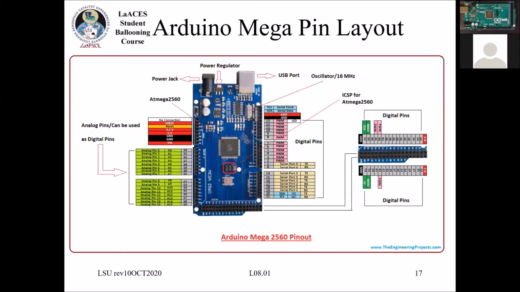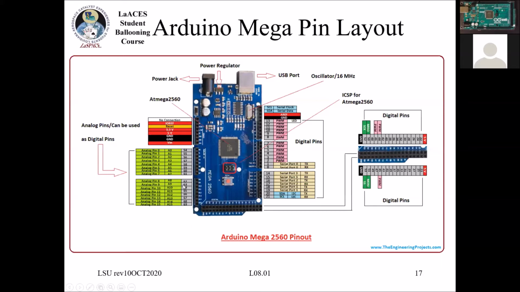So just to review, these are all of your Arduino pins. One thing that's important to note is basically that every single one of your pins on the Arduino is a digital pin, even the ones that are analog.